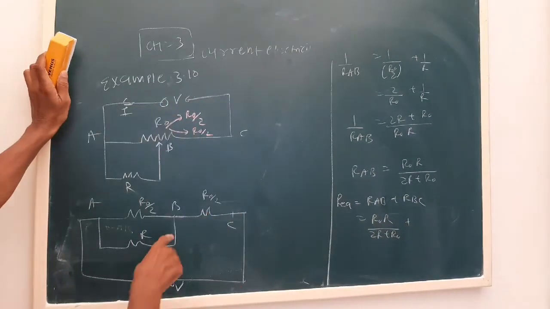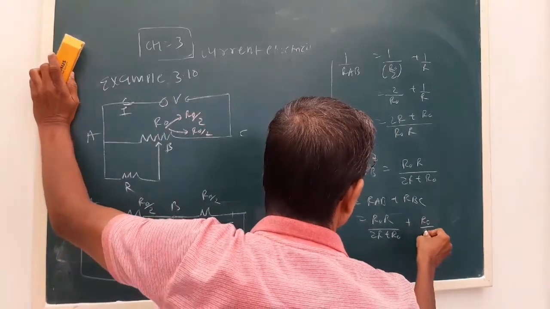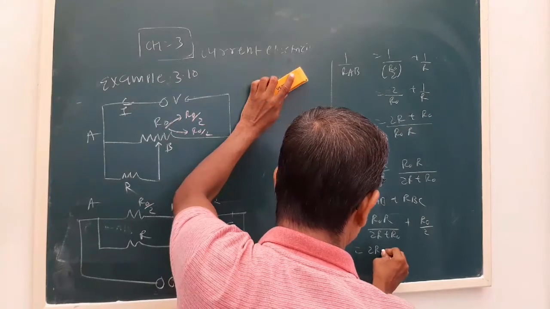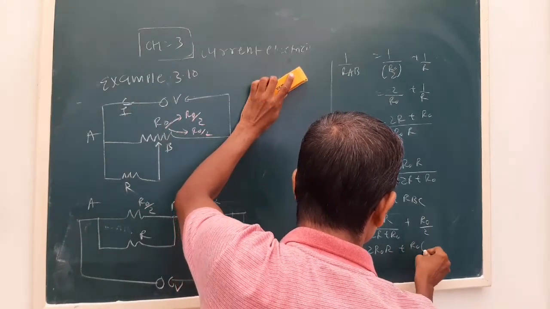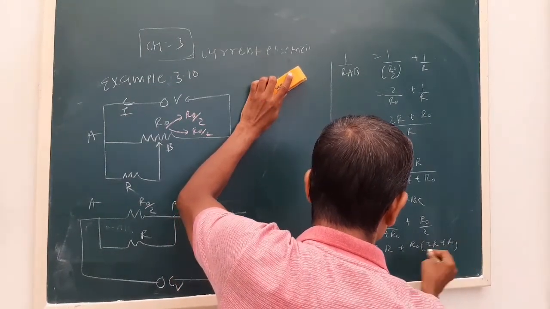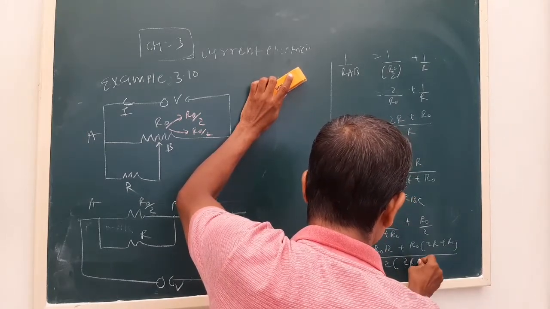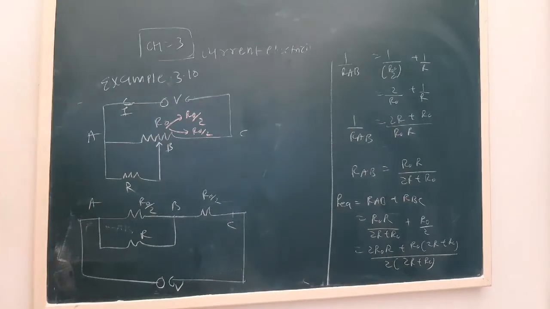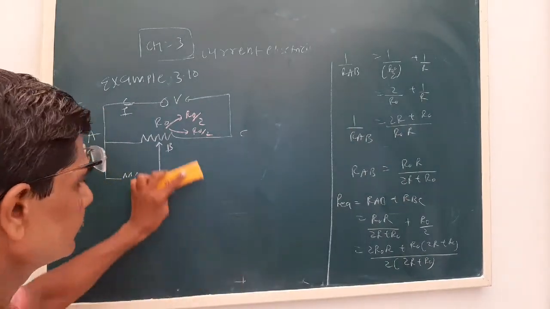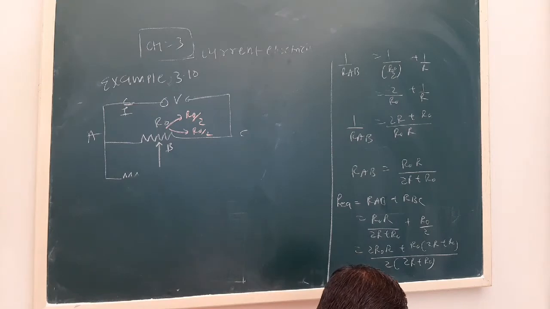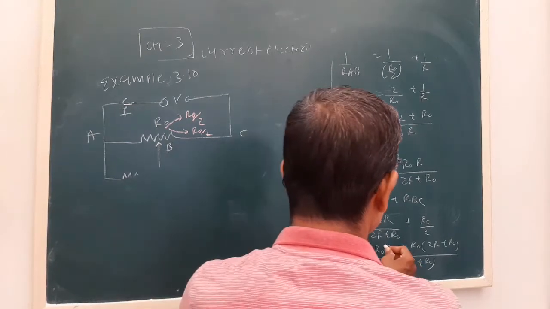RBC we have obtained is R0 by 2. Now we simplify. 2 cross multiply upon 2R plus R. Now how do we solve this? See, what we can take common here is R0.